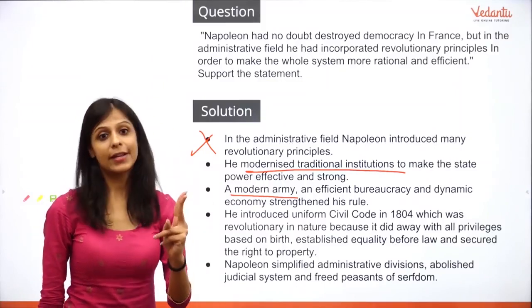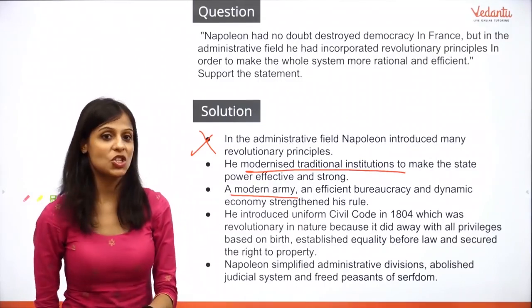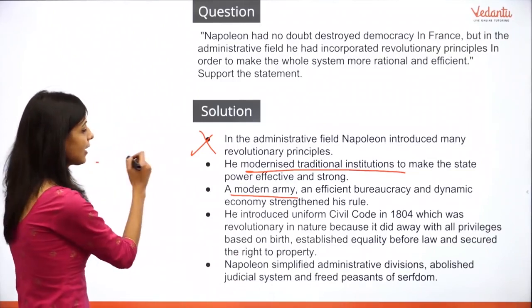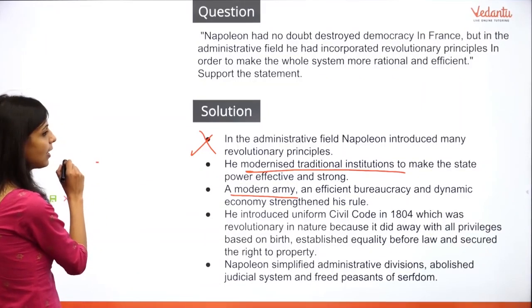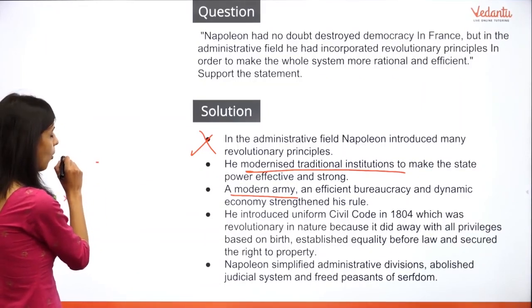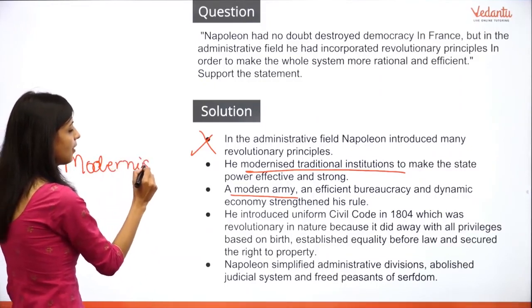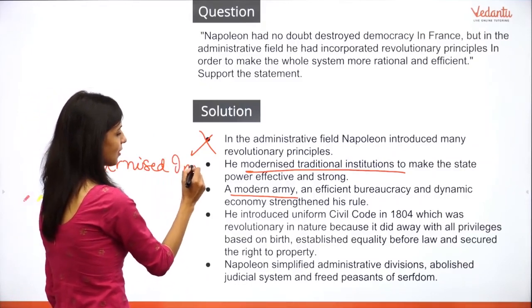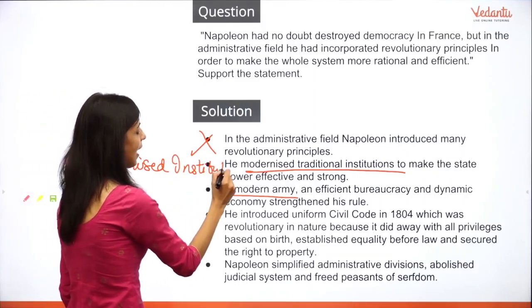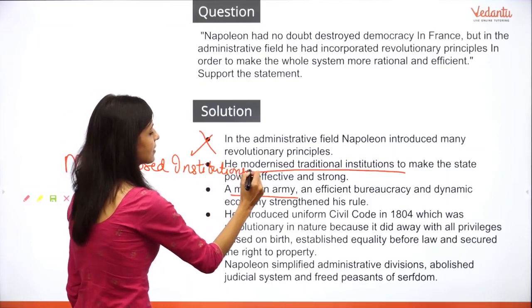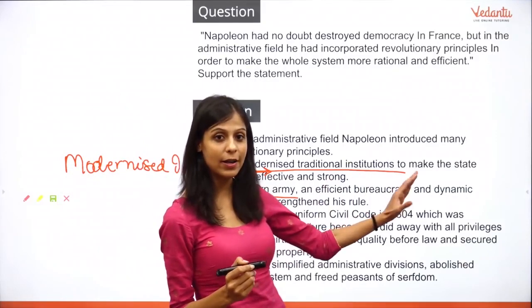The second way to attempt this question is, you can start your answer that he had modernized institutions, and what he did in it is right here in this point.